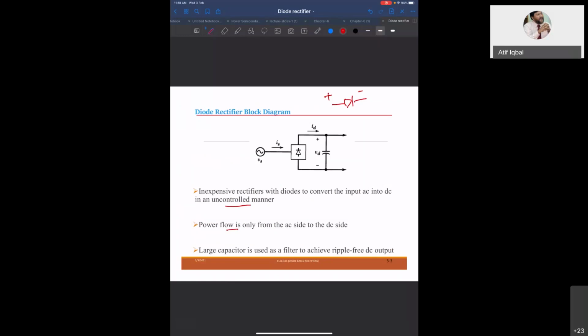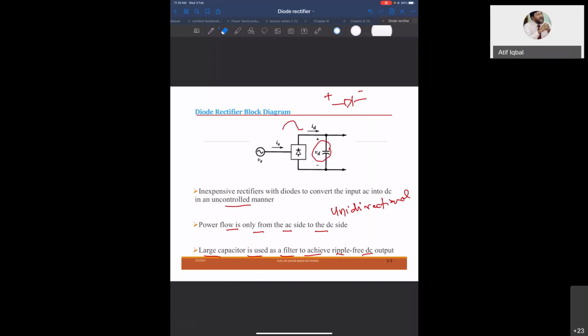Power flow is only from the AC side to the DC side, and that is why it is called a unidirectional converter. A large capacitor is used as a filter to achieve ripple-free DC output, to filter out the ripple in the voltage.